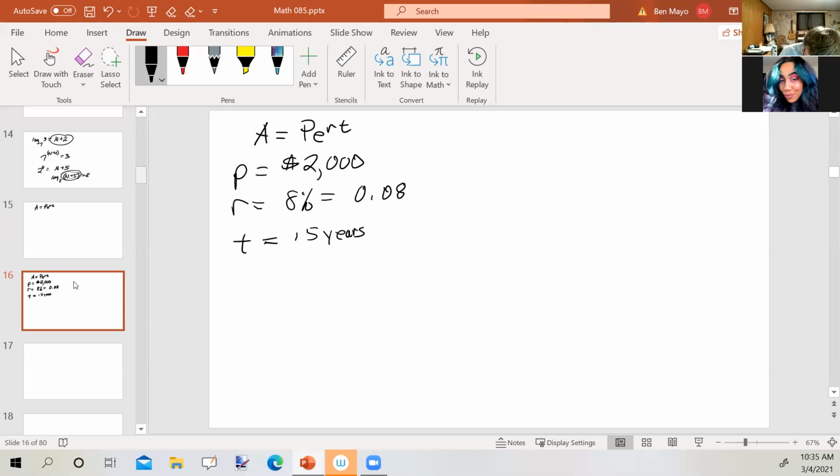So A equals P, which is 2,000, times e raised to the r times t power. That's supposed to be a multiplication there, okay? So again, I can predetermine 0.08 times 15 if I want, or I can just leave it in parentheses.